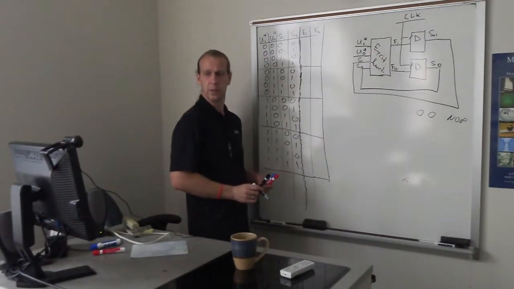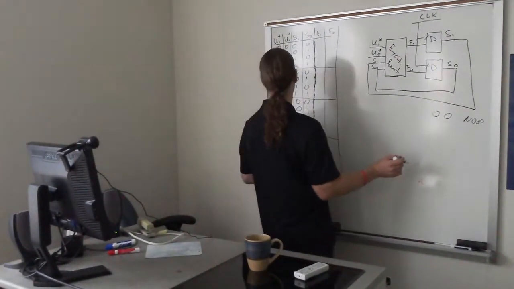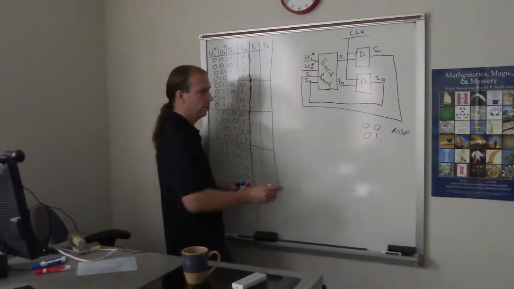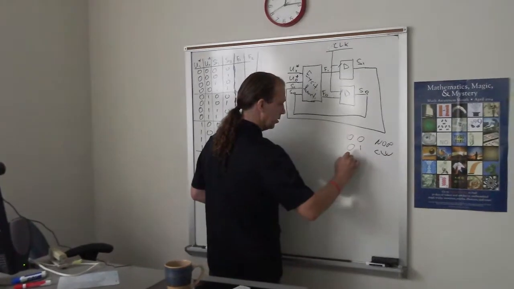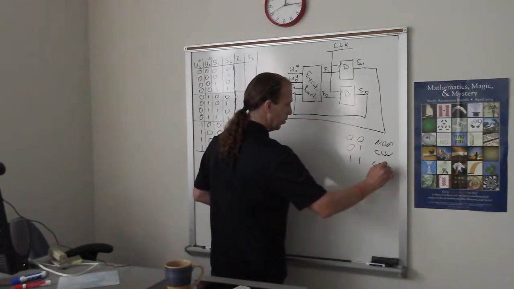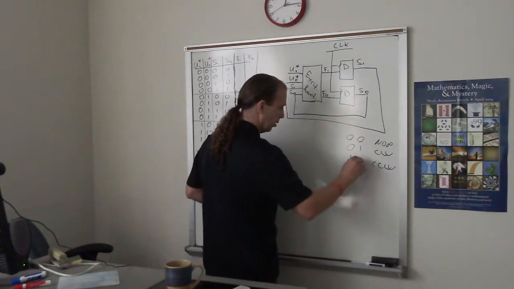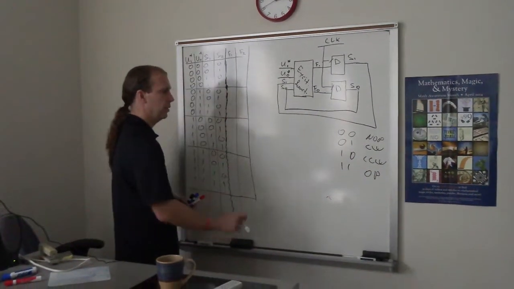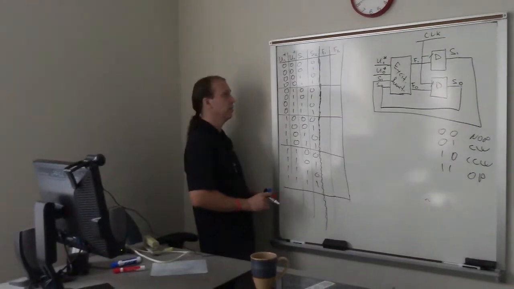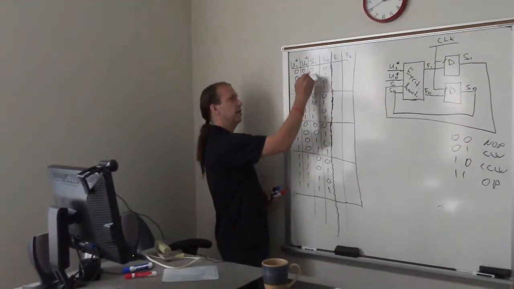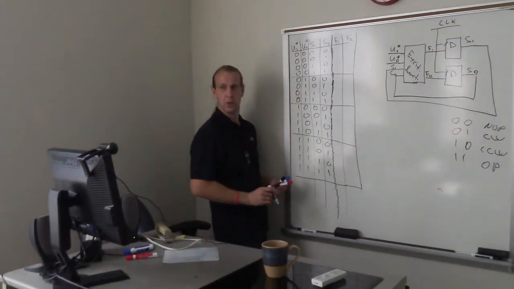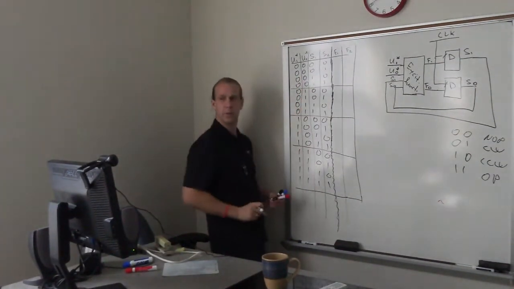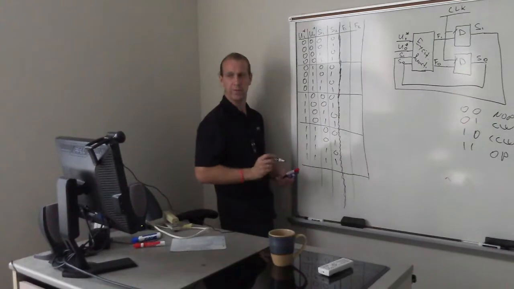We just discussed it a couple moments ago. 1, 0 is clockwise, and then 0, 1 is counterclockwise, and then 1, 1 is opposite. So these are the commands. What do we have as the third and fourth column? These are possible combinations which represent the current state of the finite state machine.